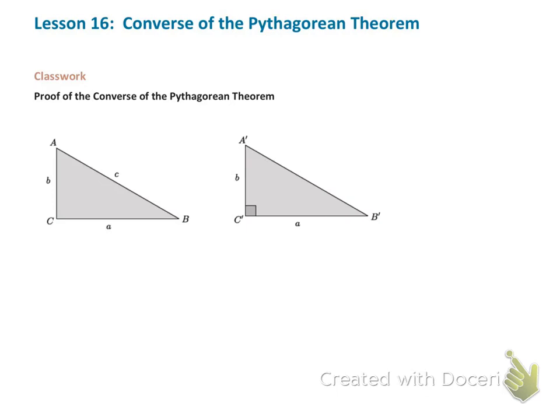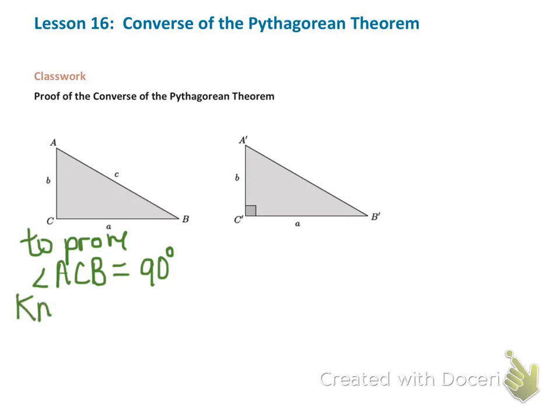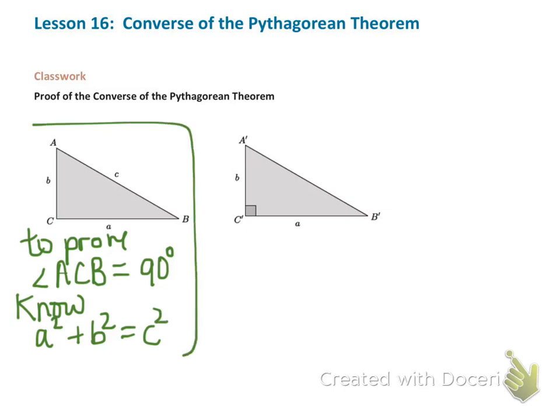That's what we want to prove: that angle ACB equals 90 degrees. But we know on this one that a squared plus b squared is equal to c squared.